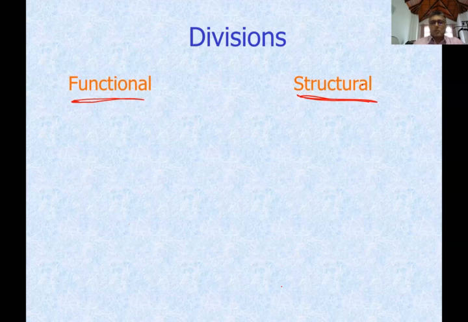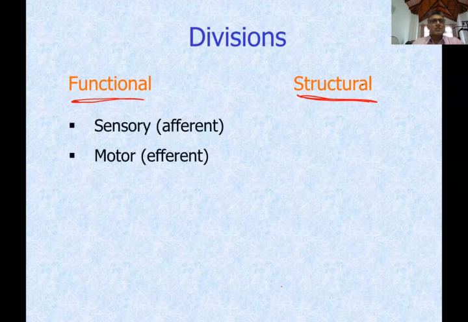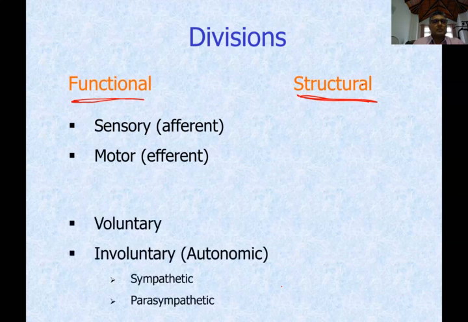Otherwise, you will get confused. Now, functionally, you can divide the nervous system into a sensory half and a motor half. Now, when you divide it like that, whether it's the brain or the spinal cord or the peripheral nervous system, you get this division. You have a sensory side and a motor side. So that's one way of dividing it into two sides.